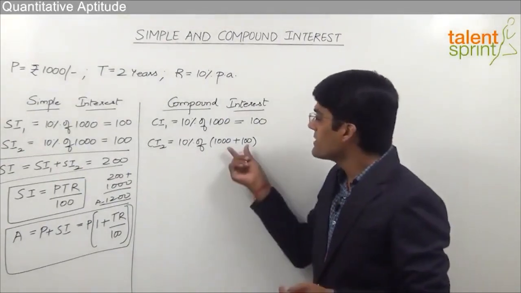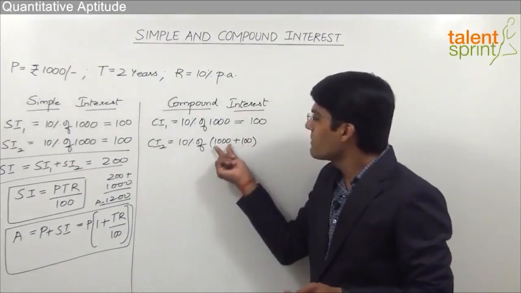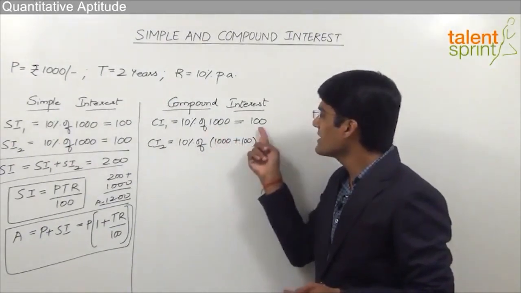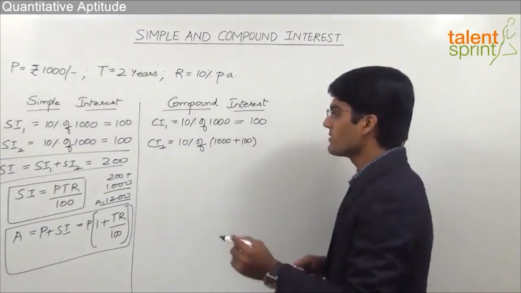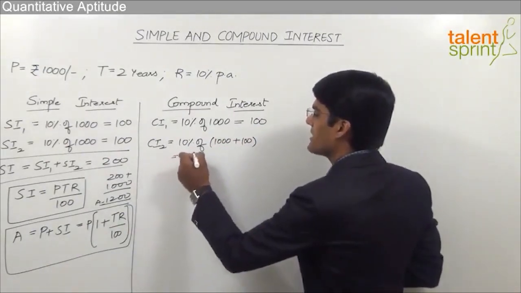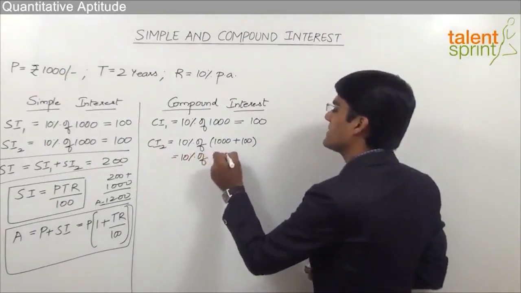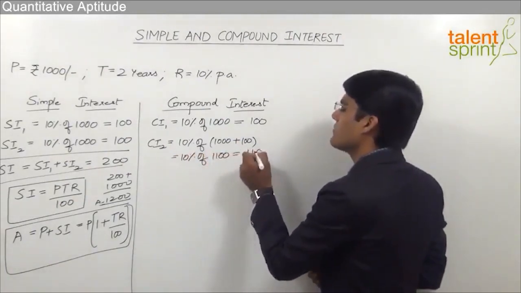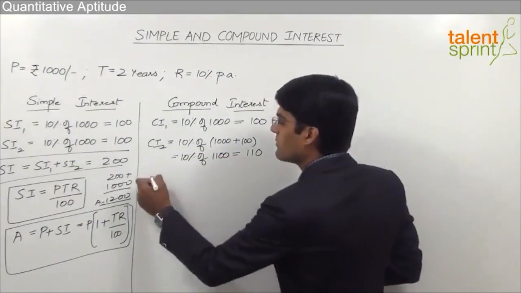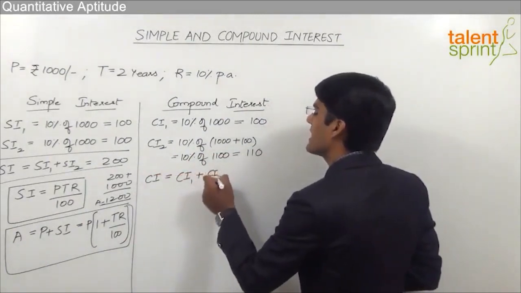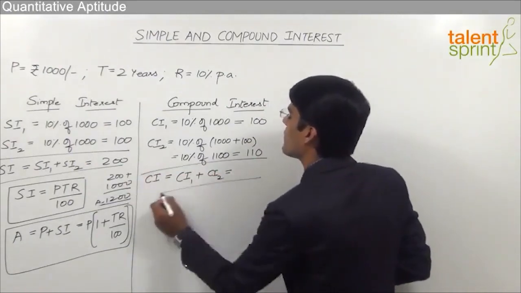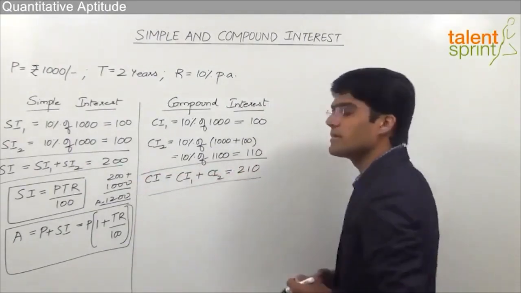So here, the principal for the second year will be principal of first year 1000 plus the interest of first year 100. That is nothing but total 1100 rupees. So this can be taken as 10% of 1100 rupees, which is equal to 110 rupees. And the total compound interest can be taken as compound interest for first year plus that for second year. So that is 100 plus 110, 210 rupees.